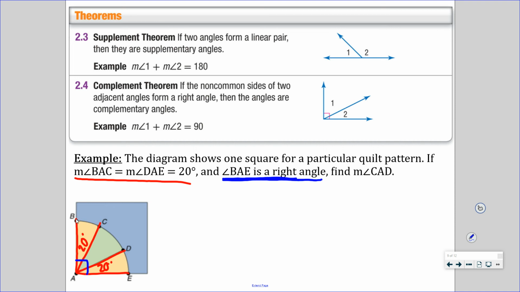Find the measure of CAD. Okay. I'm just going to call this x for sake of setting up an equation here. So I have 20 degrees, plus angle CAD, which is x, plus DAE, which is 20. Now, because these all form a right angle, what are they going to total? 90. And that's technically by complements theorem.